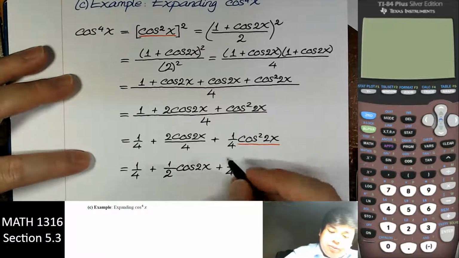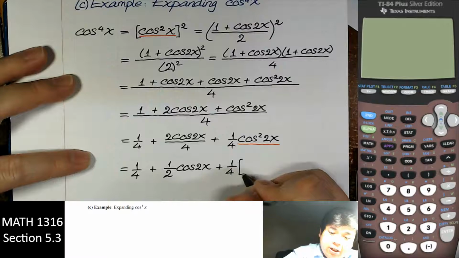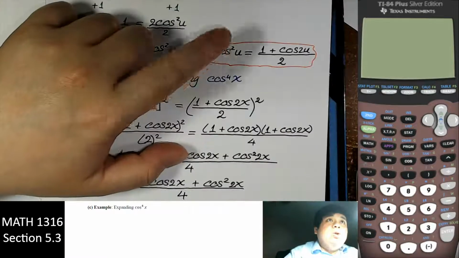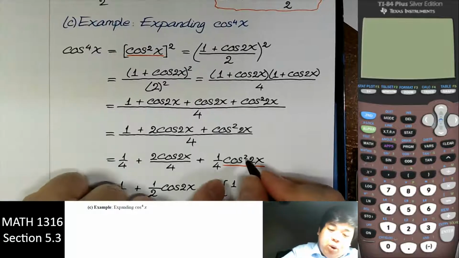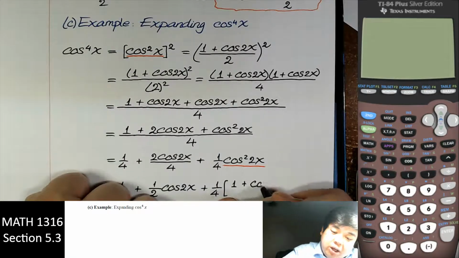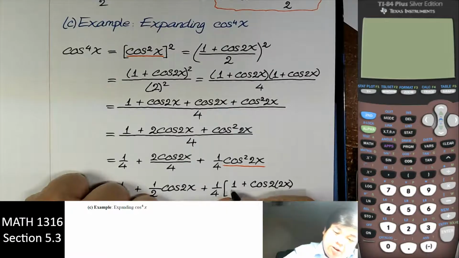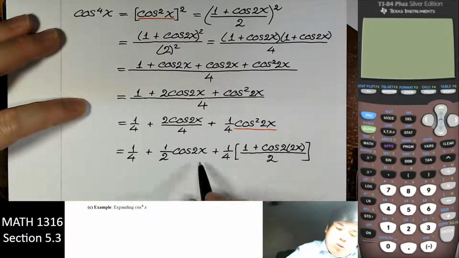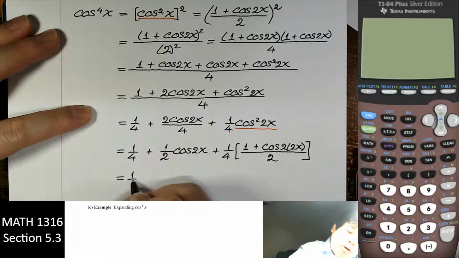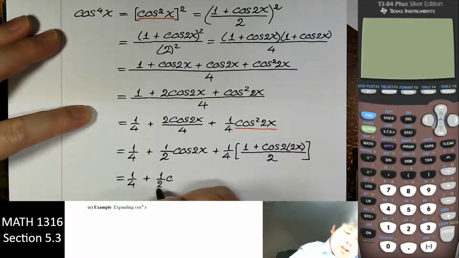So cosine square of 2x, it's going to be the same thing, 1 plus the power is reduced but the angle is going to be double, so we're going to have 2 times that angle divided by 2, and then multiply it out one more time, 1/4 plus 1/2 cosine 2x.